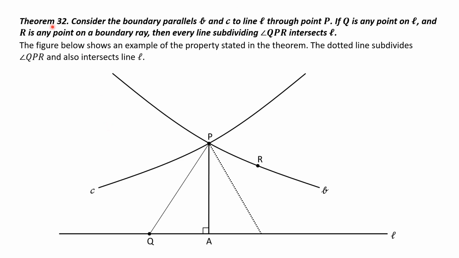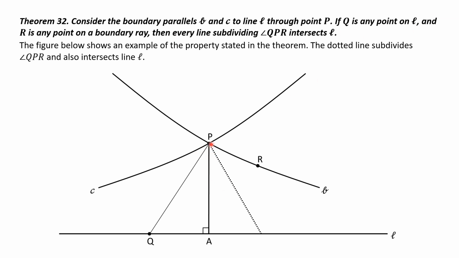Theorem 32 follows pretty directly from our Theorem 31 on the previous slide. Consider the boundary parallels B and C to line L through point P. If Q is any point on L and R is any point on a boundary ray, then every line subdividing QPR intersects L. And I have an example of what's stated in the theorem here.